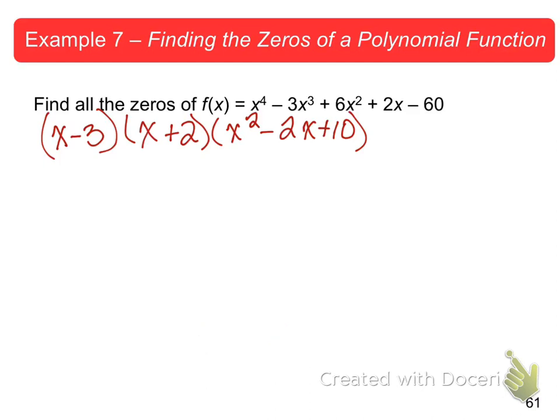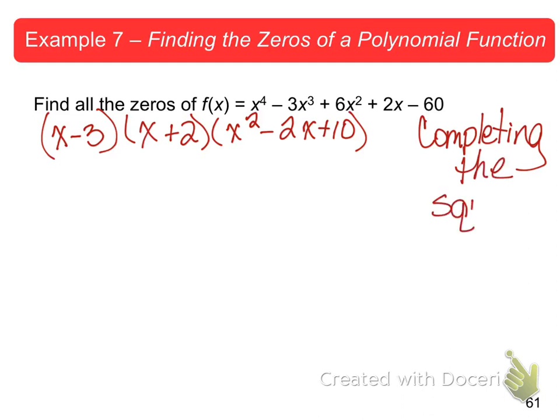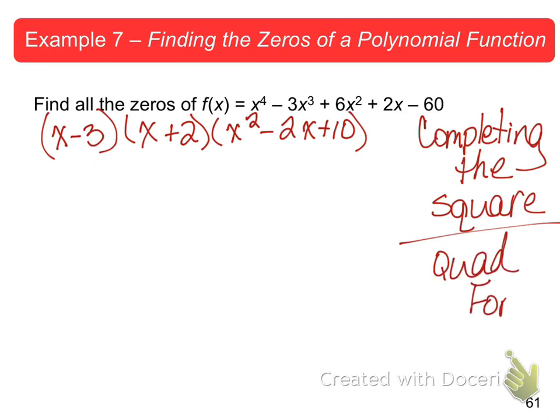I have to use completing the square or the quadratic formula. I will give you the quadratic formula on your test. You do not have to have that memorized. You have to know how to use it, but you do not have to have that memorized.